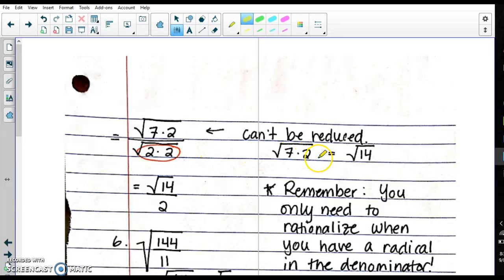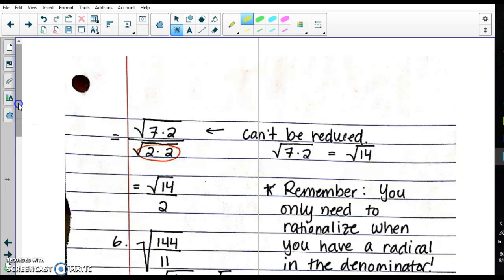Now the square root of 7 times 2 is the square root of 14, and that can't be reduced anymore, so that's going to remain the square root of 14. Now when I multiply square root of 2 times square root of 2, I'm going to end up with just 2 because I end up having a pair, and this represents one root. So my final answer is square root of 14 over 2.